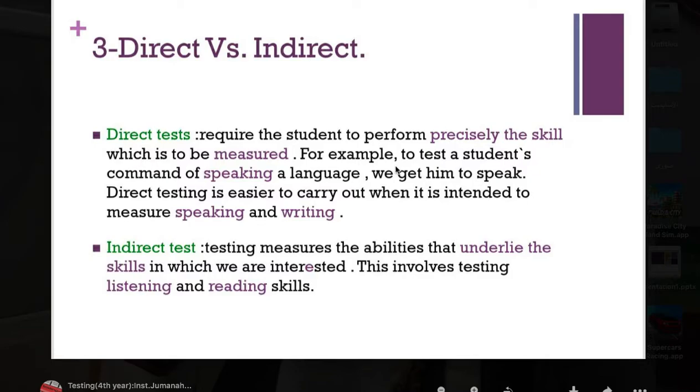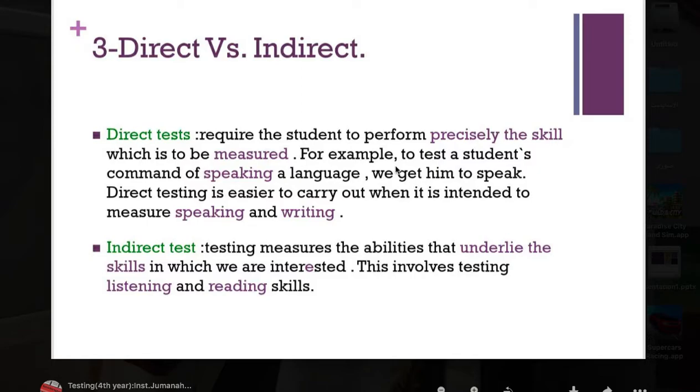What would he or she do? She would ask you to talk, give you any topic, ask you any question, and listen to you while you are speaking. That's it. This is performing exactly the skill directly, which is speaking.